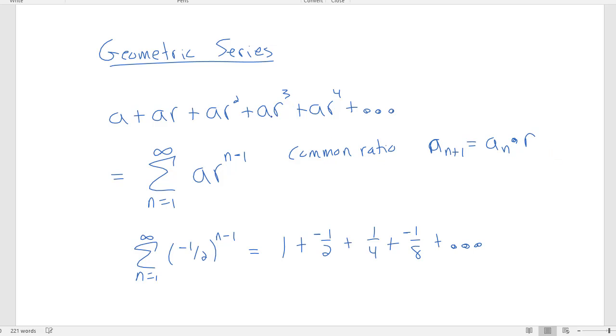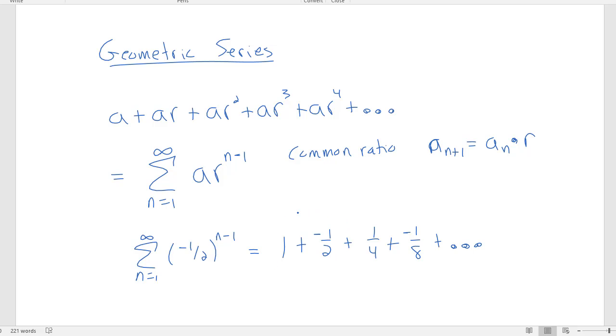For example, if I look at the fourth term, ar cubed, I got this term by taking the prior term and multiplying by r. And that is true for any pair of adjacent terms. So the next term comes from the prior term times r. Visually, I look at this as a multiplicative factor, so I multiply every term by the common ratio.